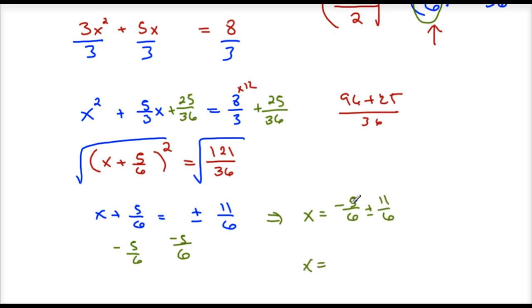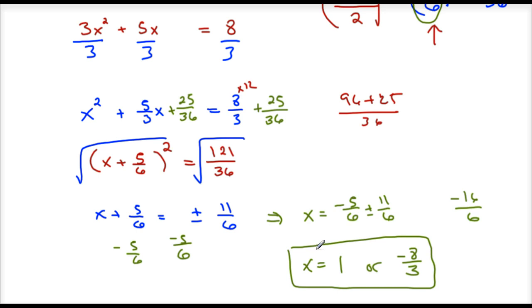So x equals negative 5 plus 11, which is 6, 6 over 6 is 1. Or negative 5 minus 11, which is negative 16, over 6, which is negative 8 over 3. So your two solutions here are 1 or negative 8/3.